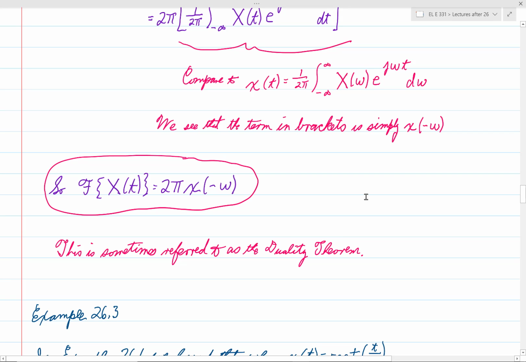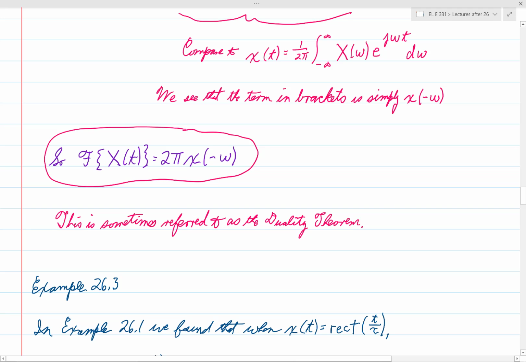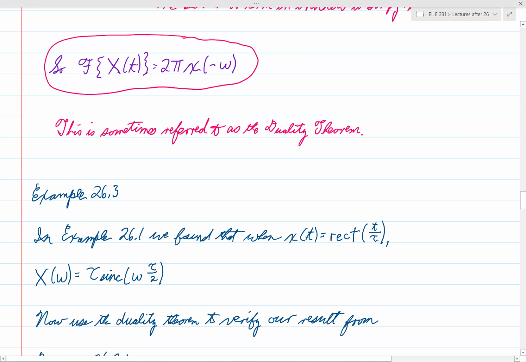And so the last thing we'll do for this lecture is once again calculate the Fourier transform of sinc of t, but this time, instead of going through all of those steps that we had in example 26.2, we will just try to use this formula directly. Okay? So let's see how that will go.